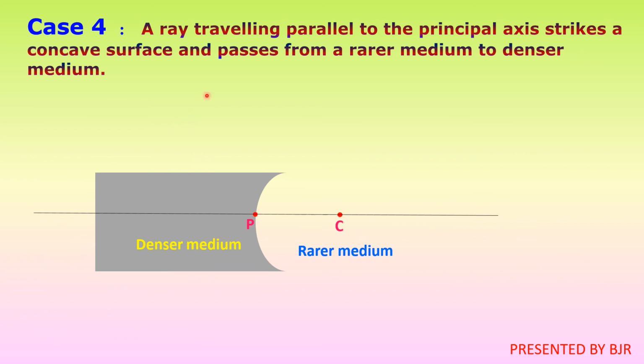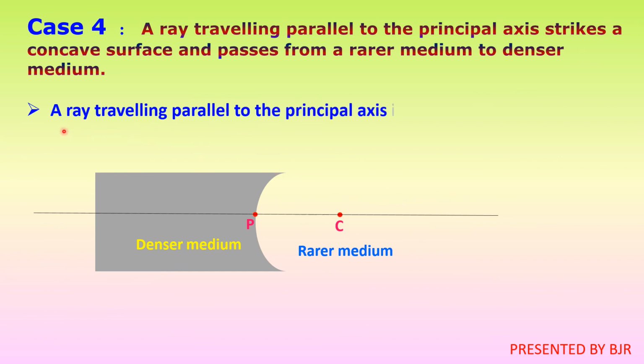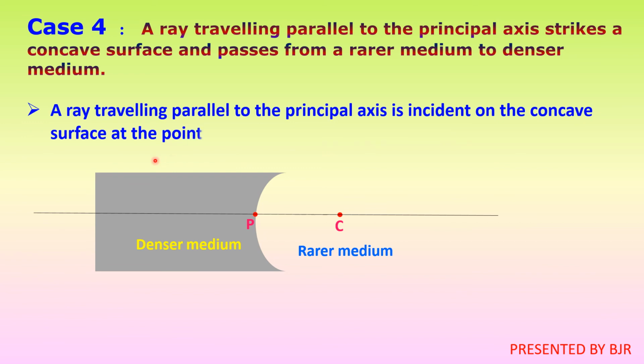Now the fourth ray. This ray is traveling parallel to the principal axis, strikes a concave surface like this, because this ray is passing from rarer medium to denser medium. See here, a ray traveling parallel to the principal axis is incident on the concave surface at the point A. So AC is the normal drawn.